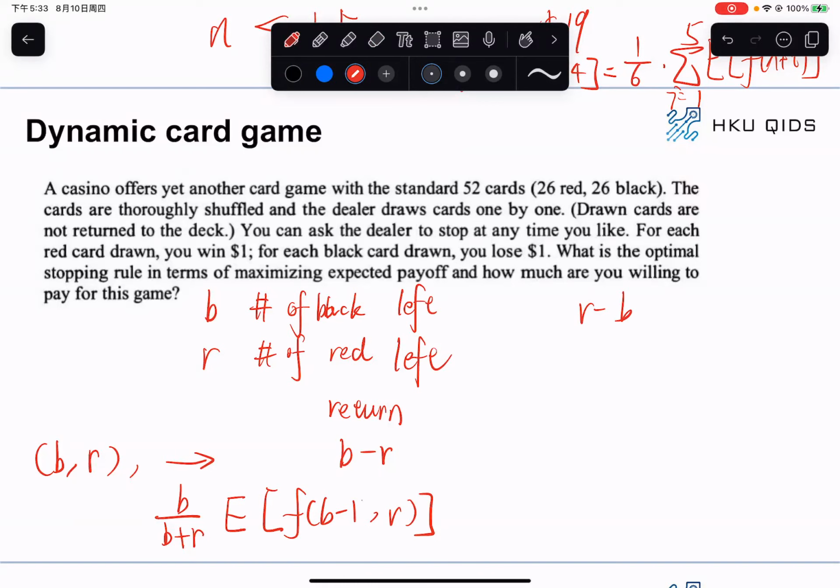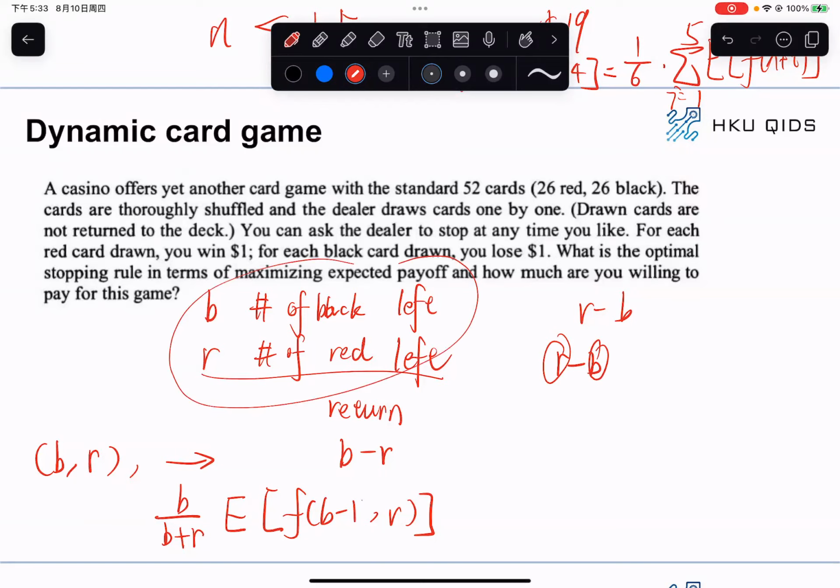So if there are B black cards left, how could this be possible? If we have drawn R red cards and B black cards, our return is R minus B. And this is basically the same as this as the red cards left, and this as the black cards left. So we can denote it in this way, okay?